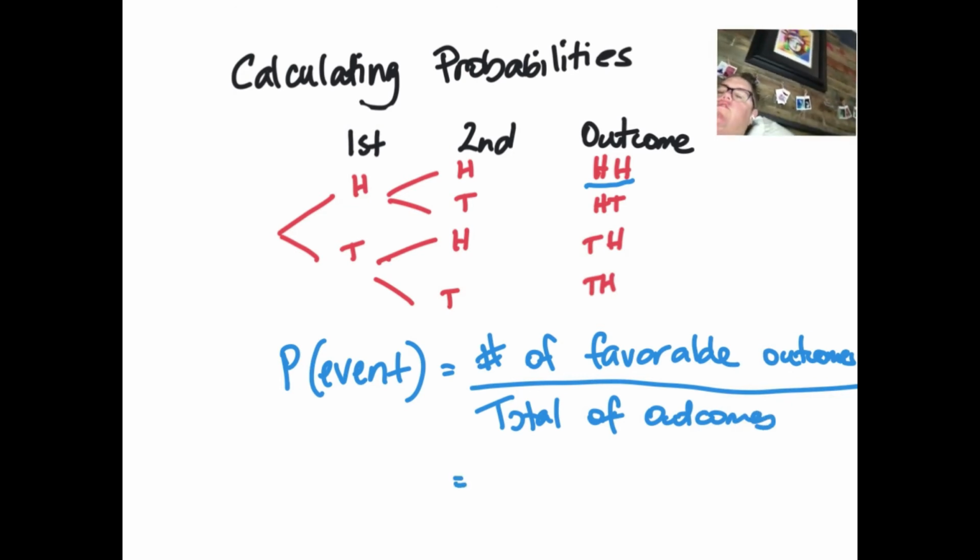In this case, because we're only looking for two heads, there's only one possibility out of the whole four. The probability of getting two heads is 1 over a total of 4.